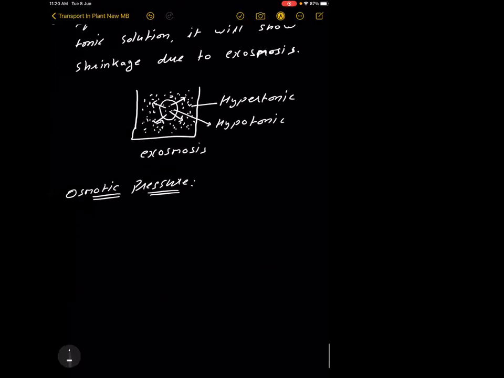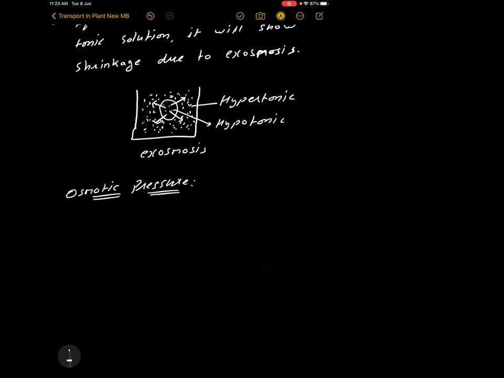What is osmotic pressure? Osmotic pressure is the pressure which is exerted by that solution, or you can say the solute, to prevent the entry of water inside the solution. So the pressure required to prevent the passage of water into the solution.